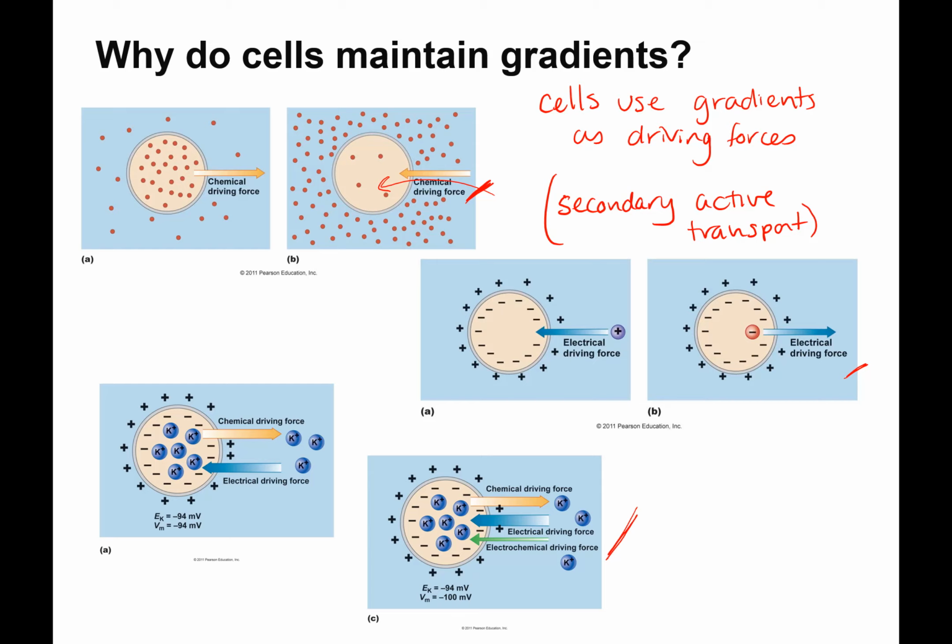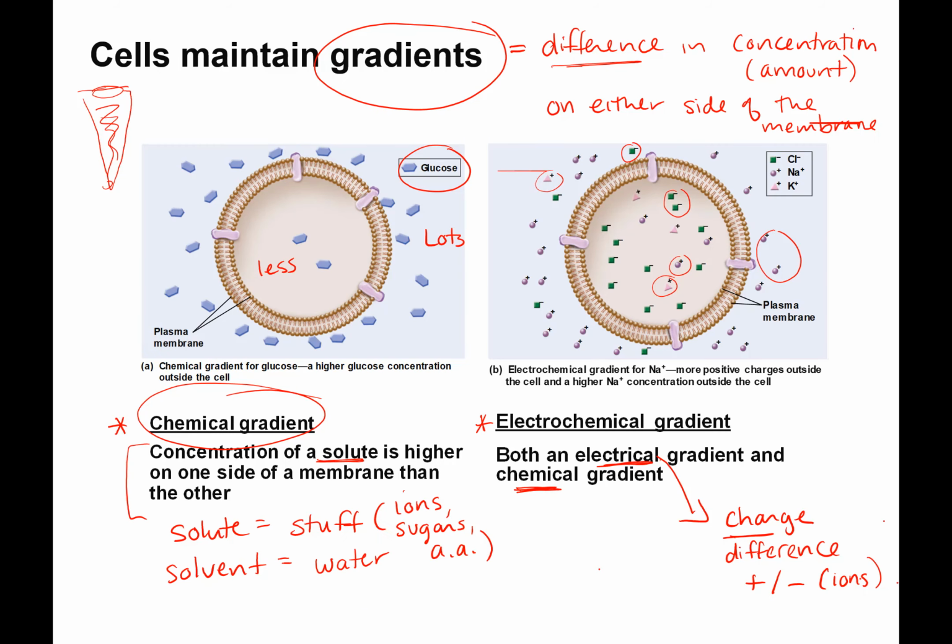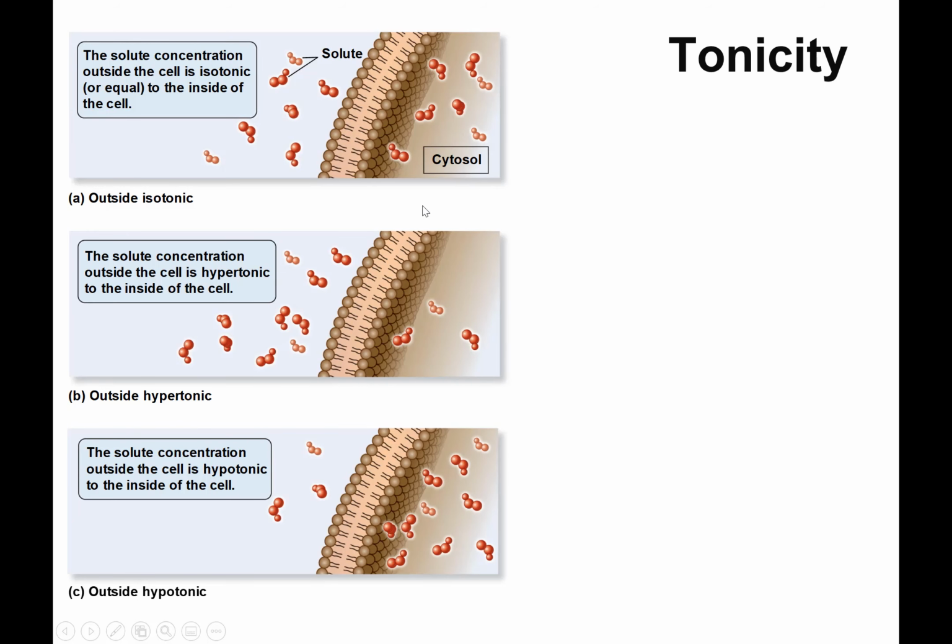What we're most concerned about is the movement of water. Oops, I went the wrong way. So let's talk about the concept of tonicity. So tonic is going to represent the solute. Okay, so the amount of stuff dissolved in water.